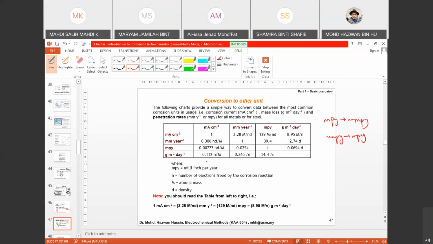For example, I want it to be reported as MMPY. So this is actually the initial unit. Okay, MMPY, I want to convert to MPY, then I will multiply with a factor 0.0254.